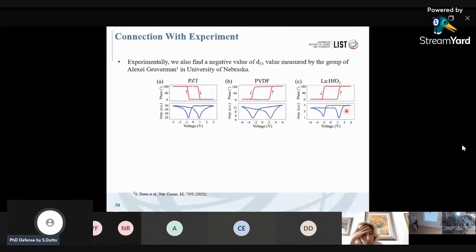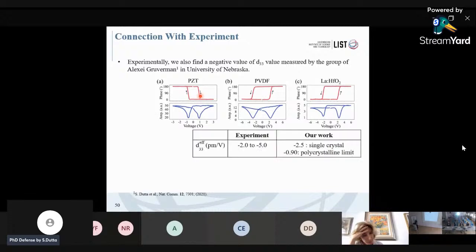They performed this measurement, and a clockwise rotation of this loop denotes the positive sign and an anti-clockwise rotation denotes the negative sign. As you can see, hafnia has an anti-clockwise rotation, which indicates that it has a negative d33, similar to PVDF but opposite to PZT. They computed the effective d33, which is -2 to -5 pC/N experimentally.